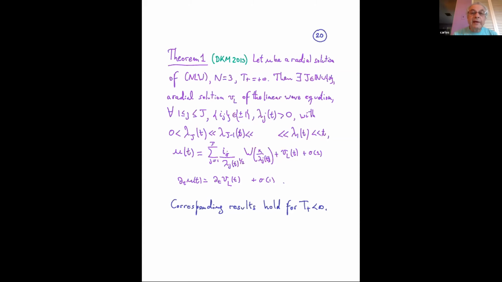And since our solitons here don't have translation in them because we're in the radial case, they don't appear in the decomposition of the time derivative, only the radiation appears, and the time derivative equals the time derivative of the radiation term plus a little o of 1 in L2. And there are corresponding results for the finite time existence too, but I won't discuss those here.